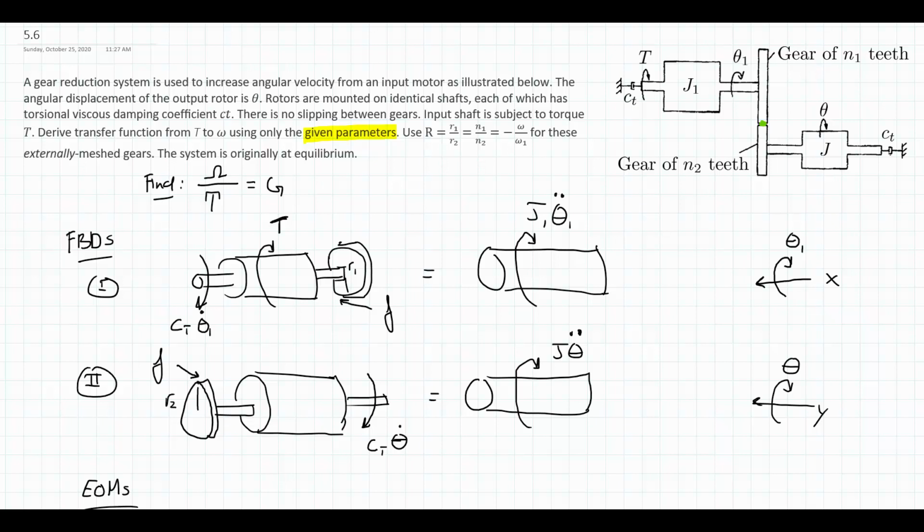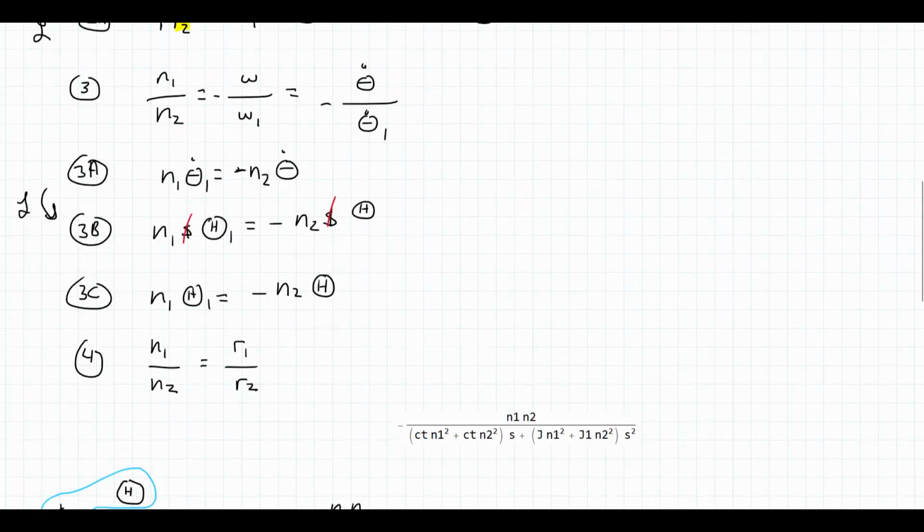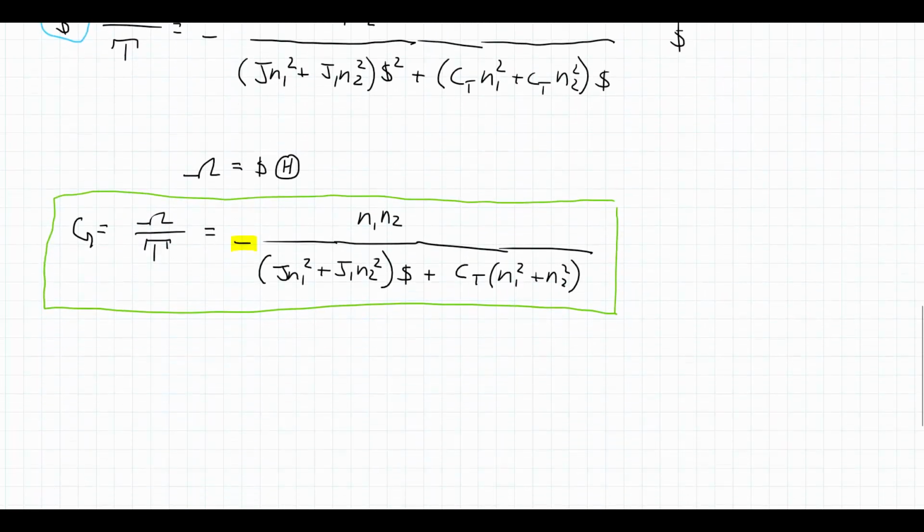So if I put a clockwise rotation or torque on top, I get a counterclockwise on the bottom. If I put a counterclockwise torque on the top, I will get a clockwise velocity on the bottom. So that is the transfer function that we were looking for in this problem.